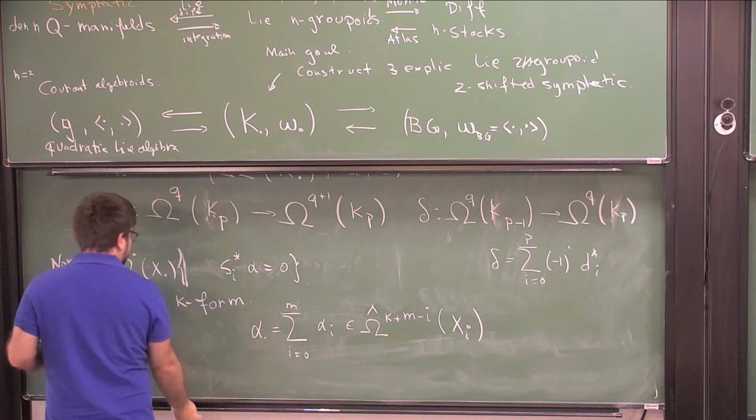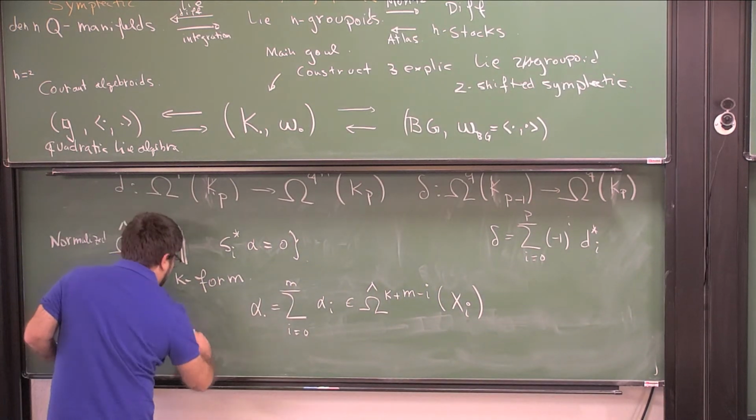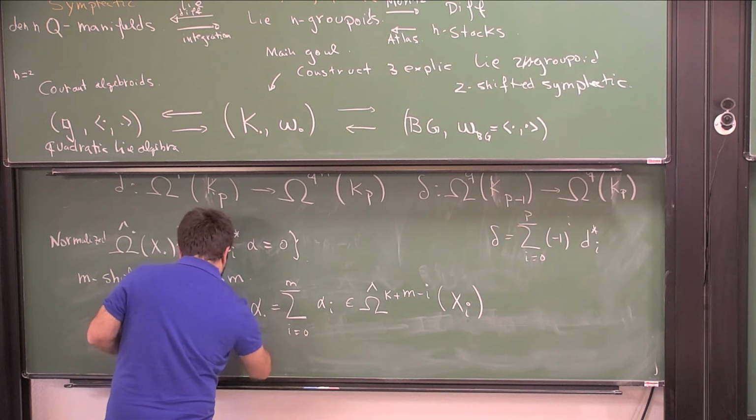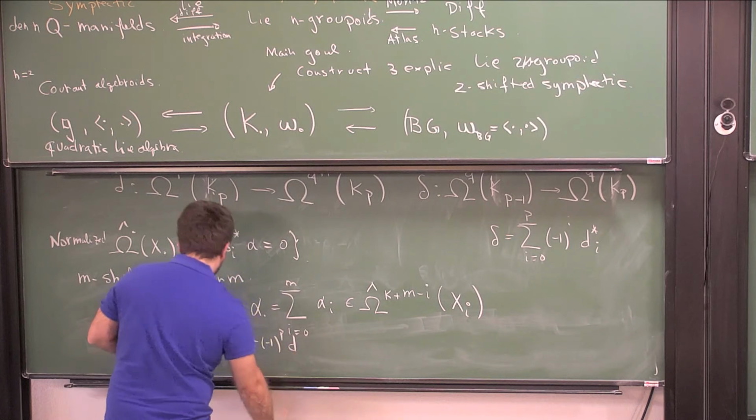And then I say that this form is closed if it's closed with respect to the total differential, that is delta plus minus 1 to the p of d.